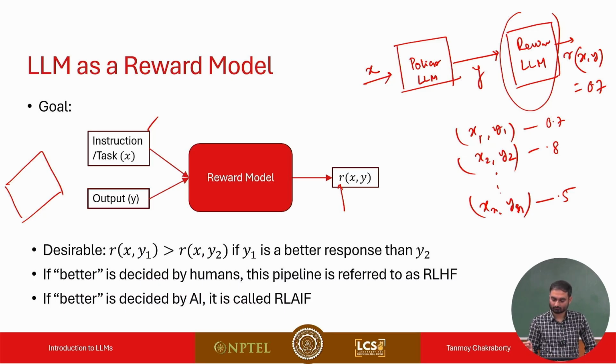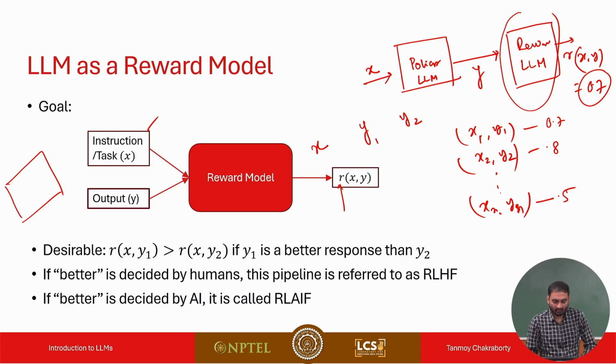So rather than teaching the model to produce this score directly, you can teach the model to compare between Y1 and Y2 given an X, right? It is easy and it is less subjective.